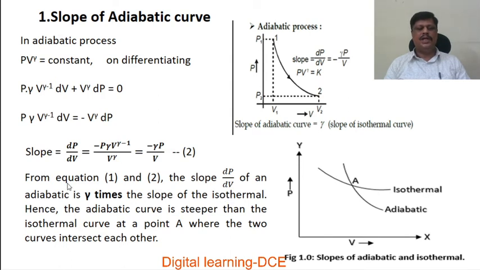The slope of the adiabatic curve is gamma times the slope of the isothermal curve.